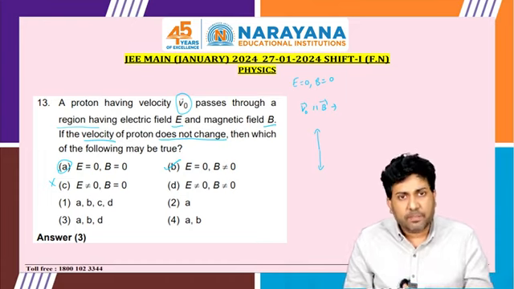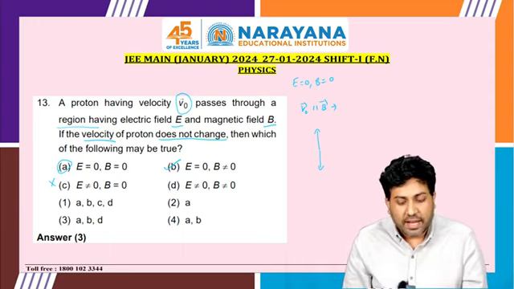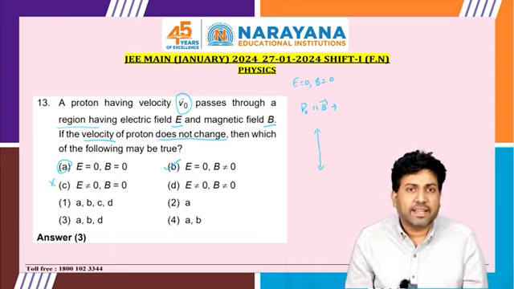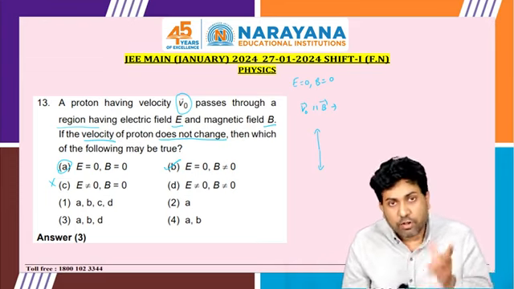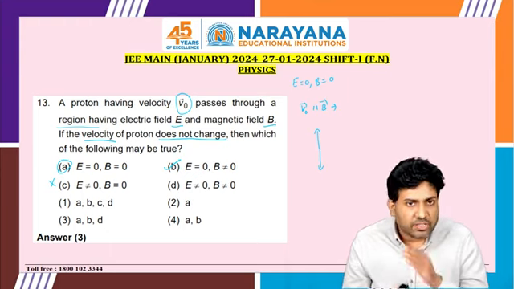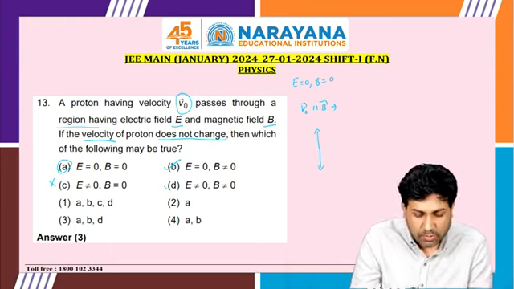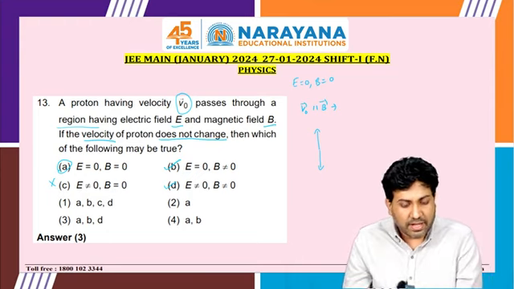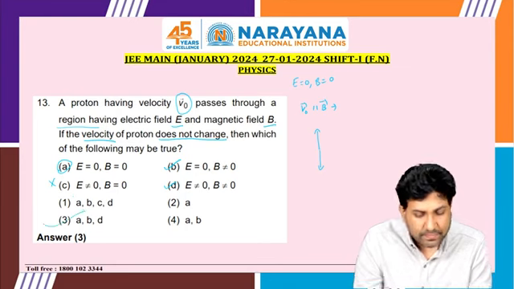And when this happens, the net force on the charged particle happens to be 0. And if the net force is 0, that means there may be a case when, in presence of both the electric and magnetic field, the charged particle may move only in a straight line. So this situation is also possible. So then the possible answer is A, B and D, that is the third option.